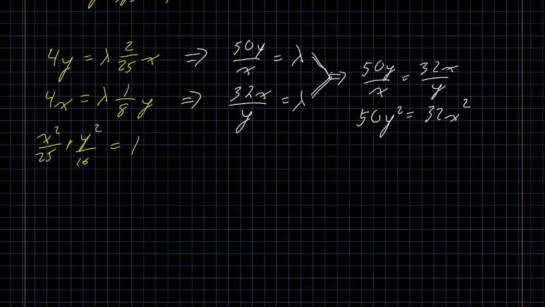Actually, it would be best if I could get x squared over 25 or if I could get y squared over 16. And those are actually pretty easy to come up with.